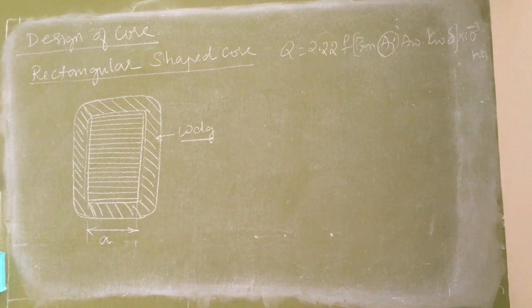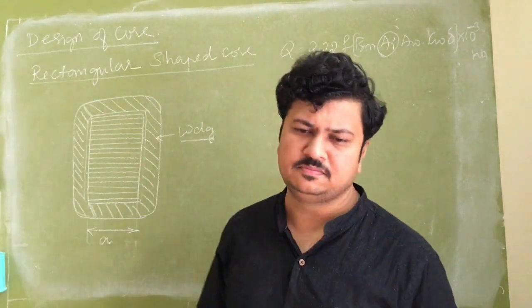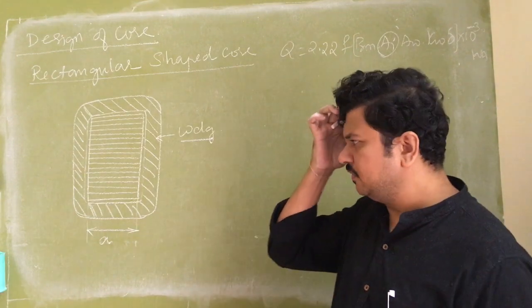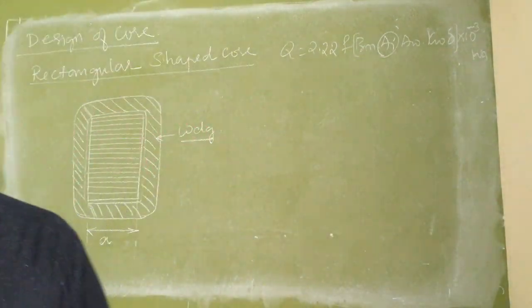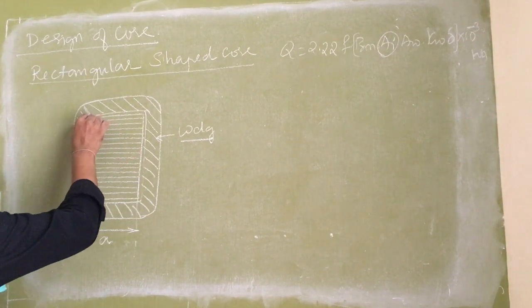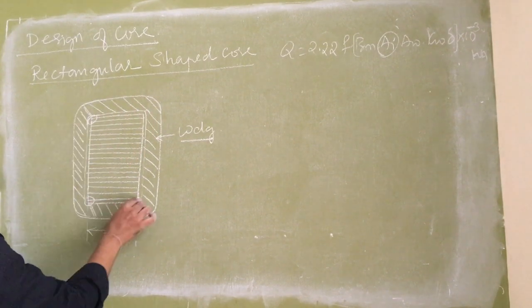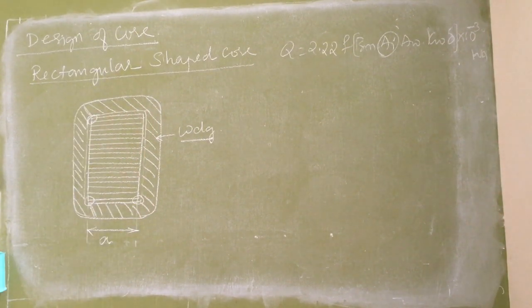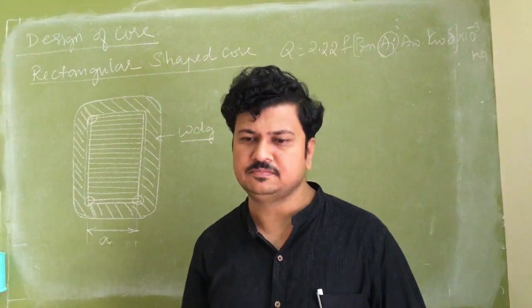Now what is the problem with this kind of arrangement is when the number of turns per limb is more. For a large transformer, I should be placing a large number of turns on each limb. Then the inner turns, you can observe here at the 4 edges, there is a sharp bending of the turns which are near to the core section.